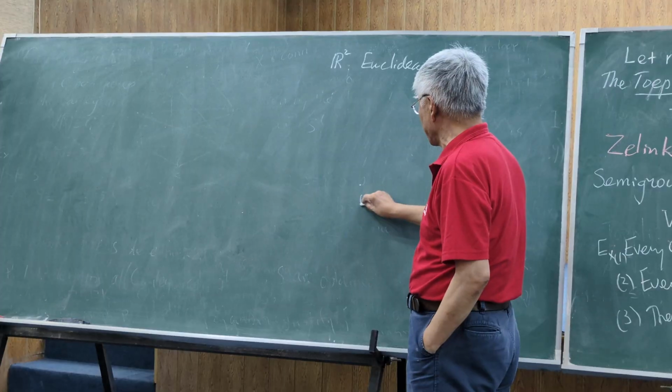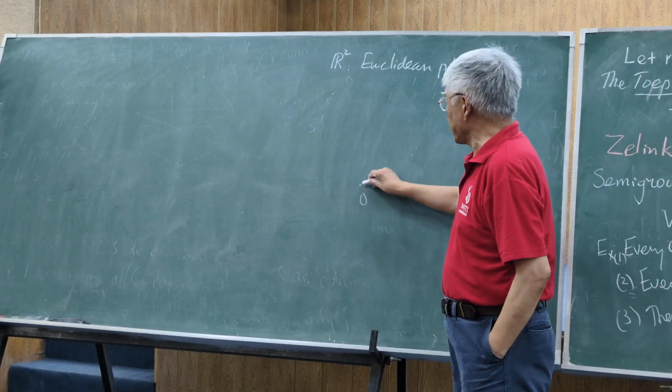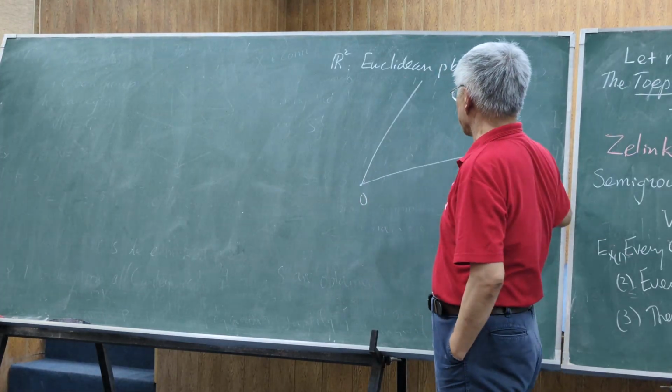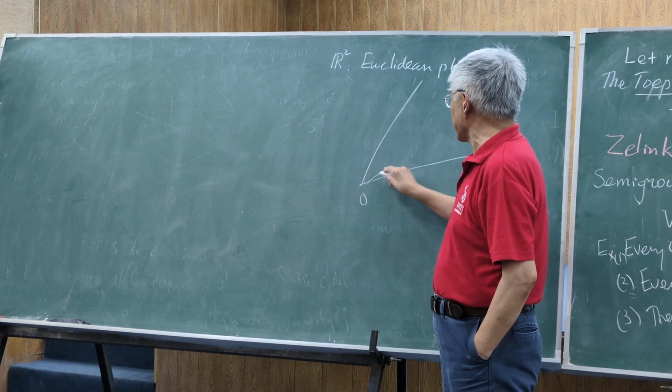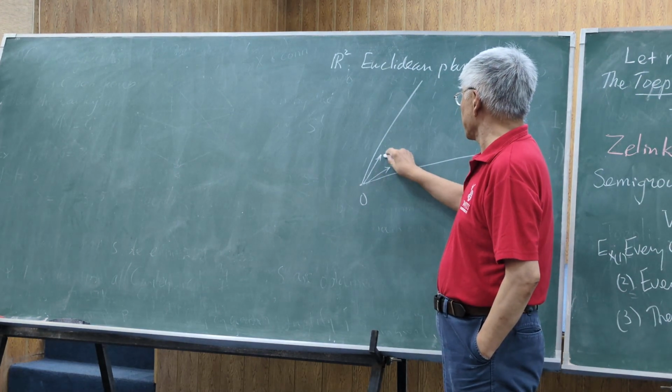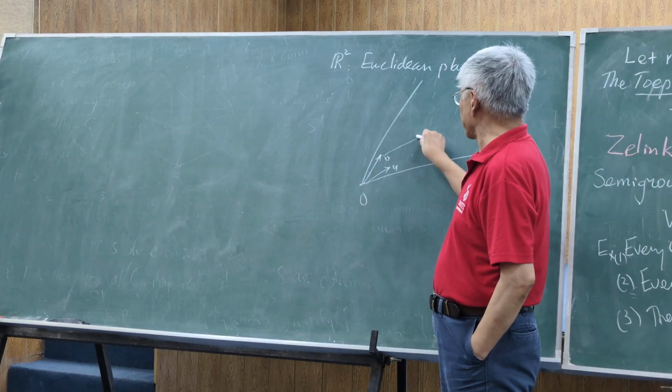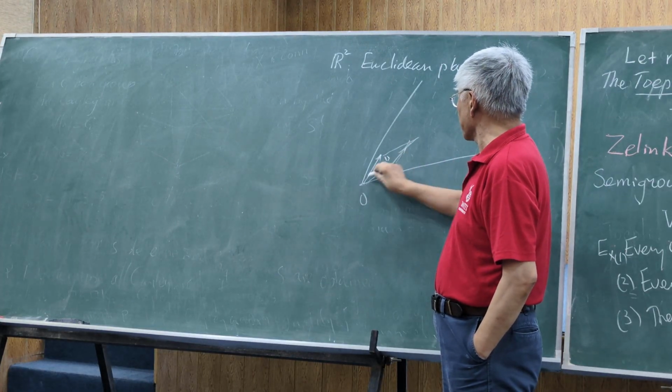Here is the origin. Let us take any wedge like that. If all your vectors u, v are inside here, their vector sum is also inside.